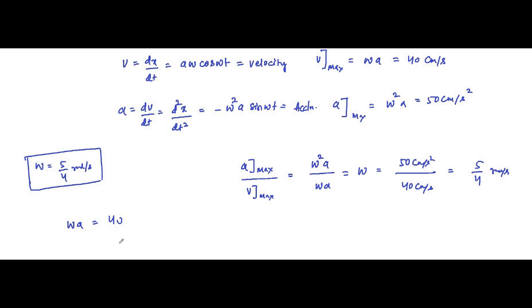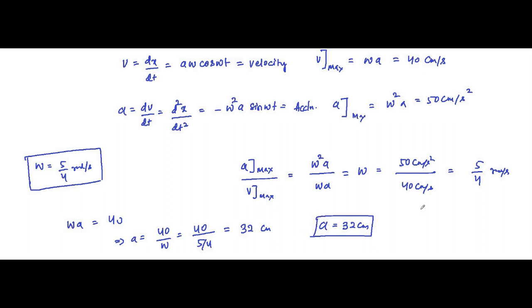So that implies A is equal to 40 by omega, which is equal to 40 by 5 by 4, that is equal to 160 by 5, that is equal to 32 centimeters, because the unit is in centimeters. So the amplitude is equal to 32 centimeters.